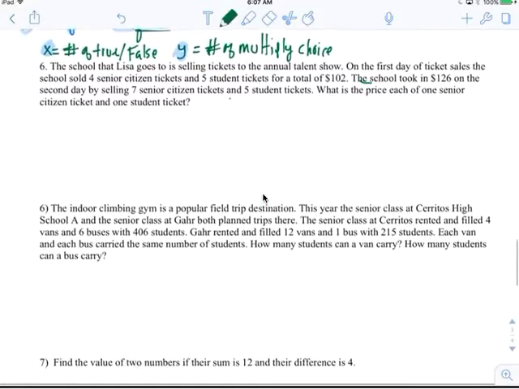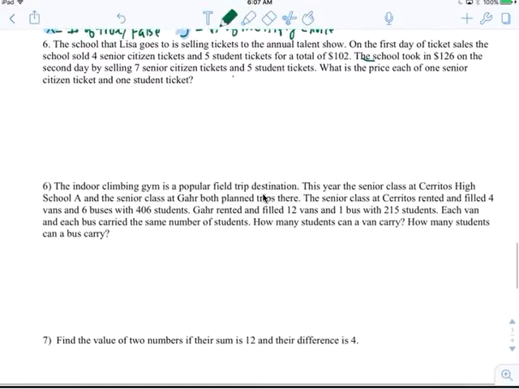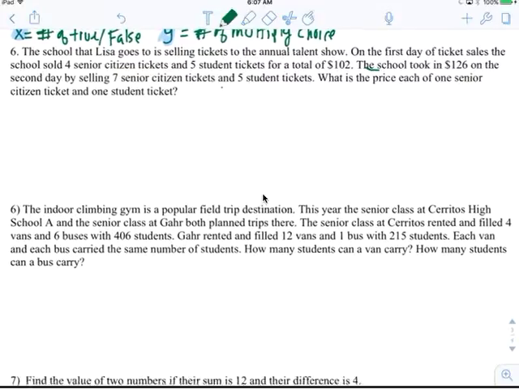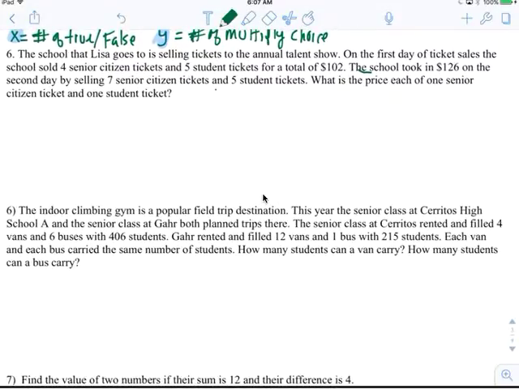Okay, next one. This type of problem. The school that Lisa goes to is selling tickets to the annual show. On the first day of the ticket sale, the school sold 4 senior tickets and 5 student tickets for a total of this much money.